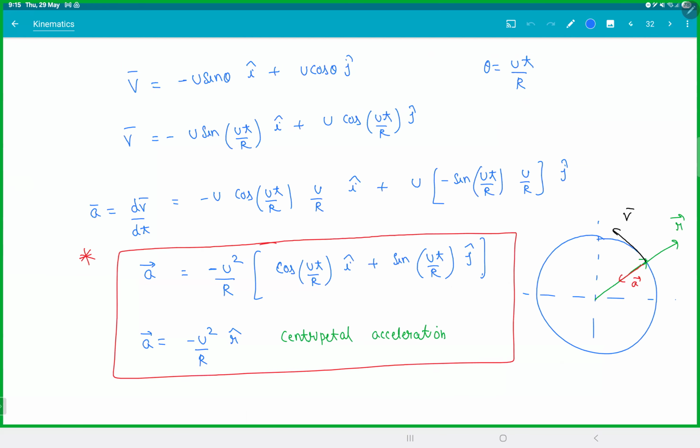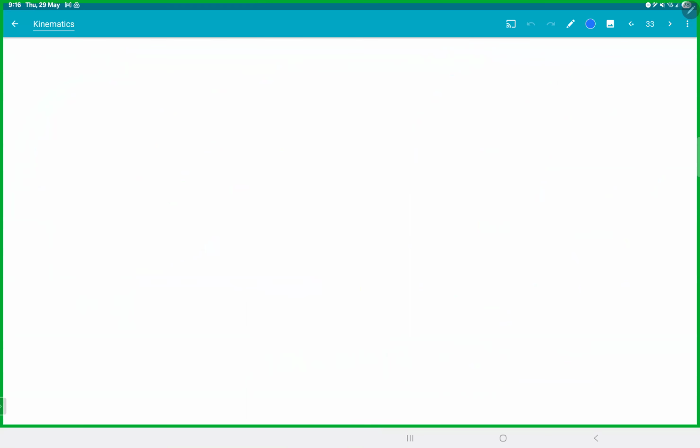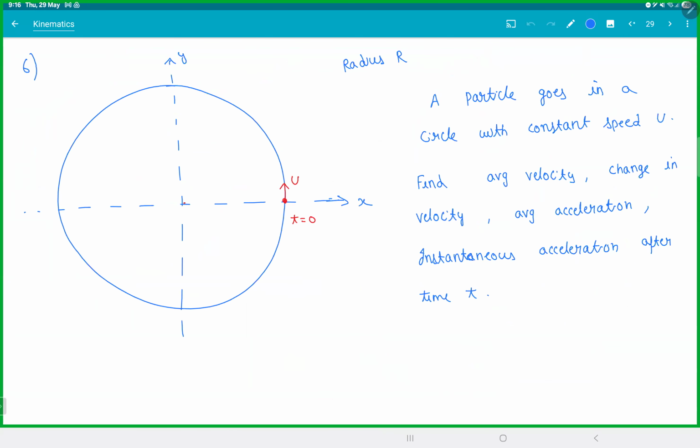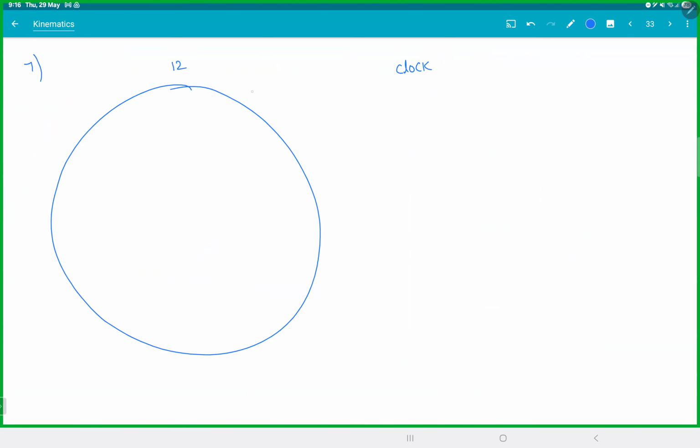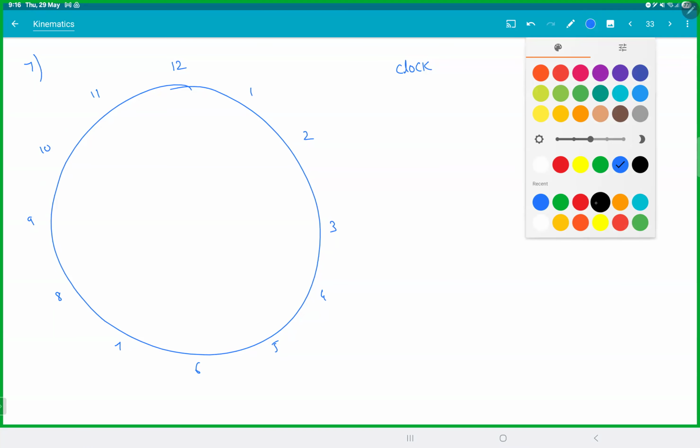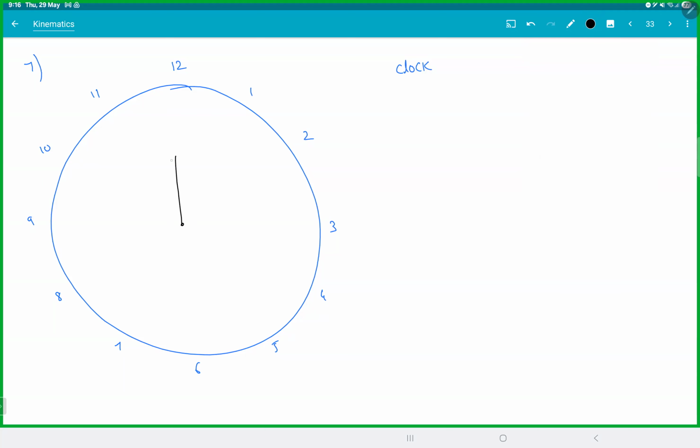Next thing. Okay, too many vectors, too much differentiation. Let's do something a little more pleasant. Let's say we have a clock. Standard one, 1, 2, 3, 4, 5, 6, 7. So it's a pretty big one. So we have OA and we have OB.